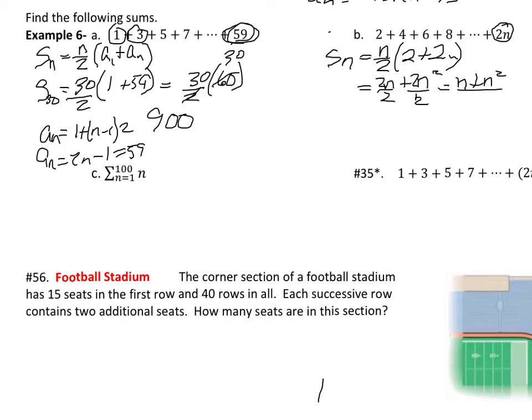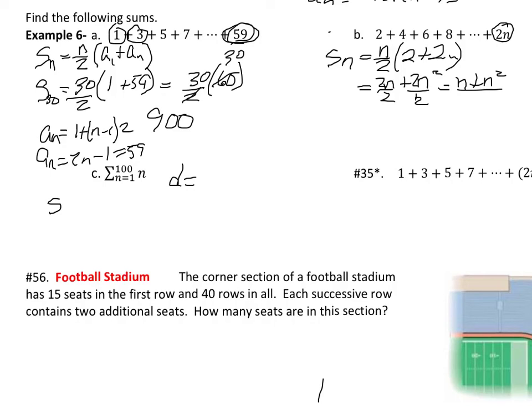All right, so we've got now the summation from n is 1 to 100 of n here. So we want the sum. Let me ask a better question. What's my common difference here?